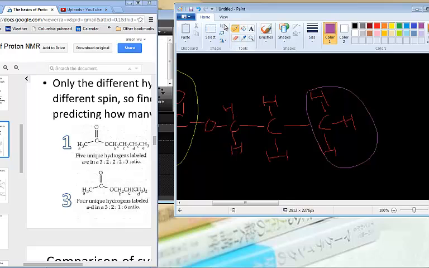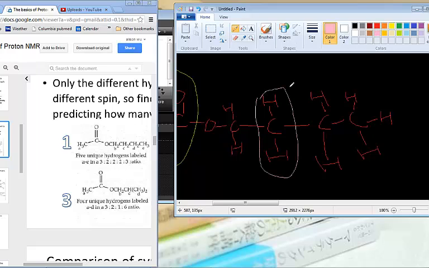So now if I were to make it confusing, if I make this molecule, look at this. Now we have these 2 and these 2.